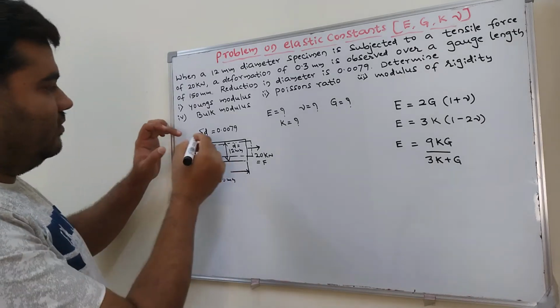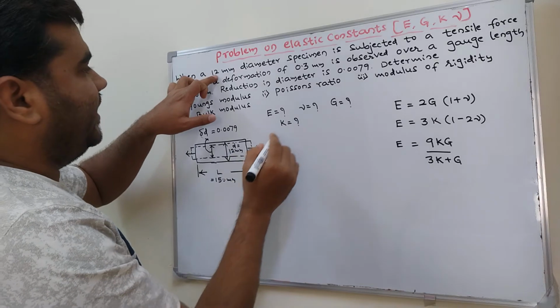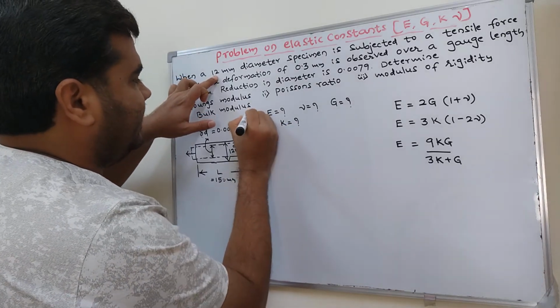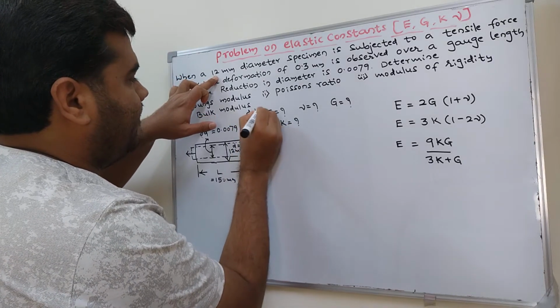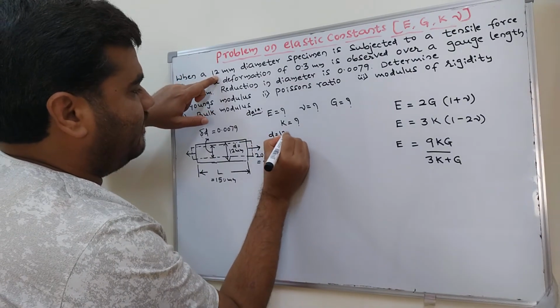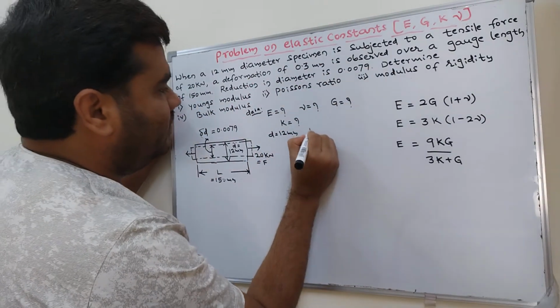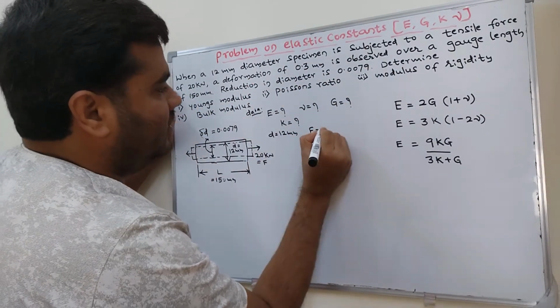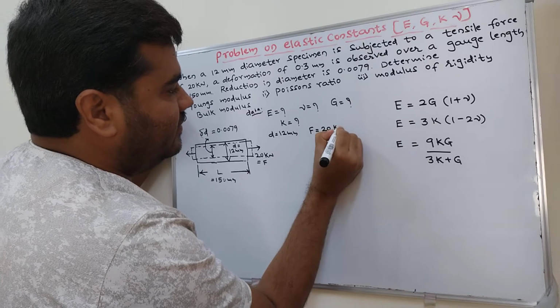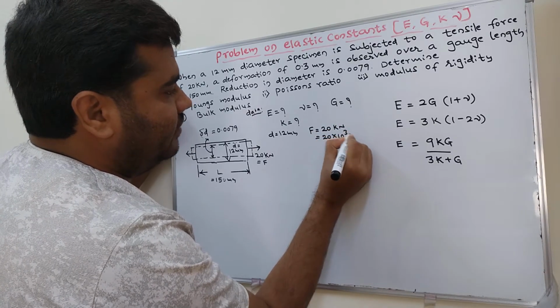Just one more time I'll write the data here. Diameter d equal to 12 millimeter. The specimen is subjected to a tensile force F along the length, 20 kilonewton, converted into 20 into 10 raised to 3 Newton.